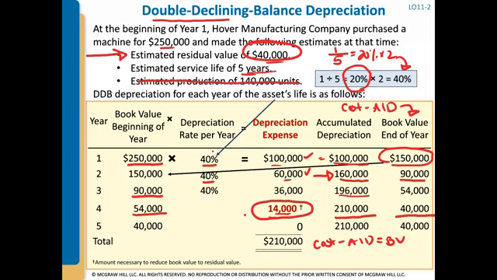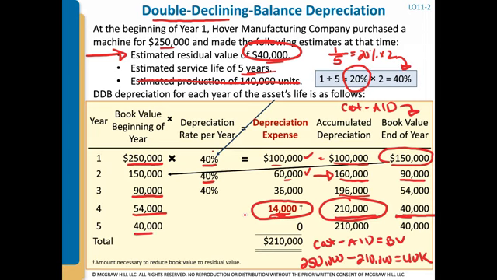So if we look at year four, our cost is 250,000 minus this 210,000, which gives us a book value of $40,000, which is equal to the residual value. So the $14,000 here is a plug. There's no sort of formula. You just have to plug it in to make it work such that your ending book value is $40,000.